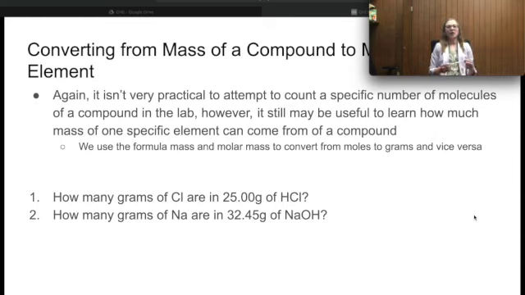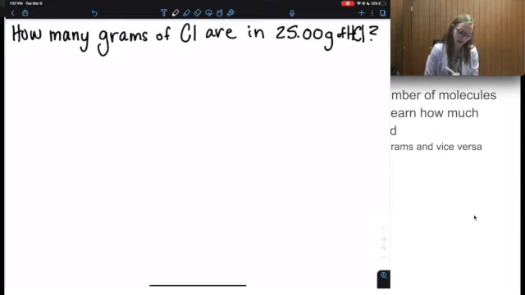So we're going to go ahead and do the two problems you see on your screen, and I've left you some practice at the end as well. The first thing we want to know is how many grams of Cl are in 25.00 grams of HCl. So how many grams of chlorine are in 25 grams of hydrochloric acid?